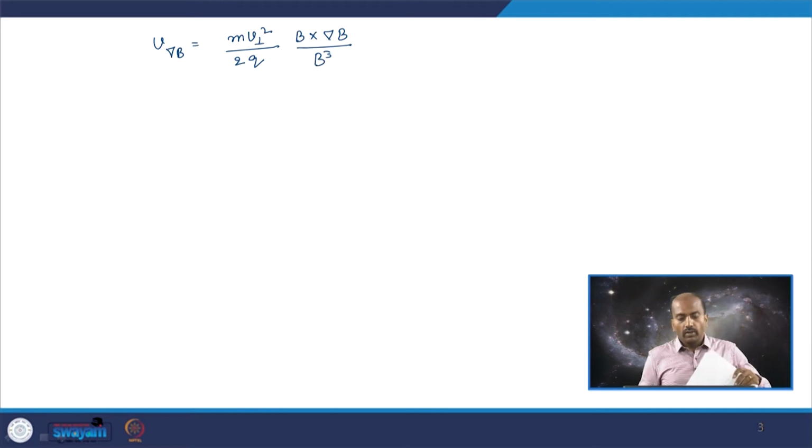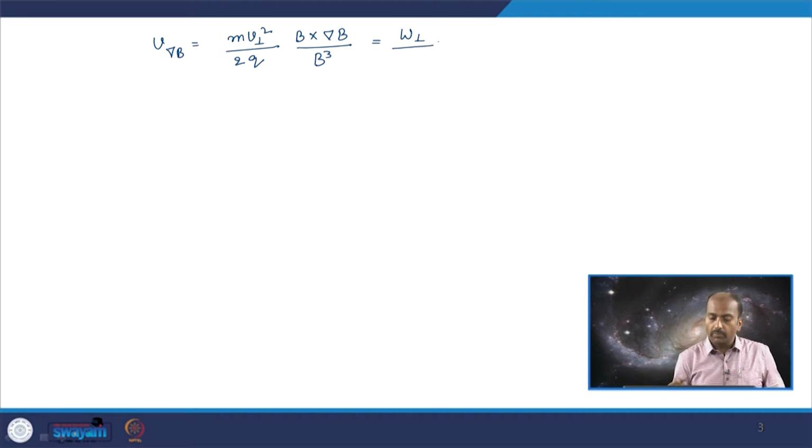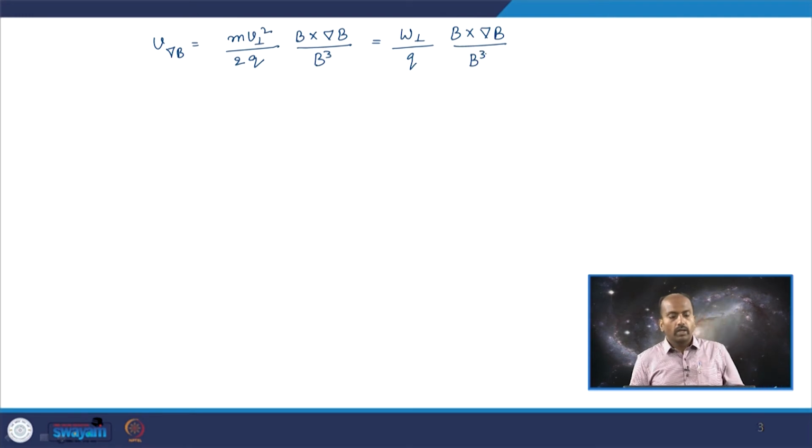Now for the given direction of del B and for the given direction of B that we have taken, this form will again reduce to the same equation that we derived earlier. This can also be written as W perpendicular, the perpendicular kinetic energy, divided by q times B cross del B divided by B squared, right.